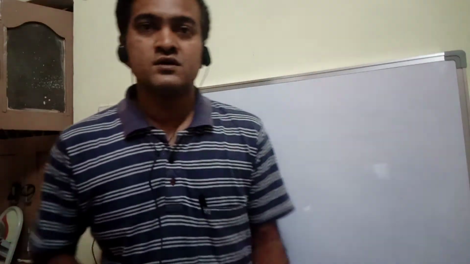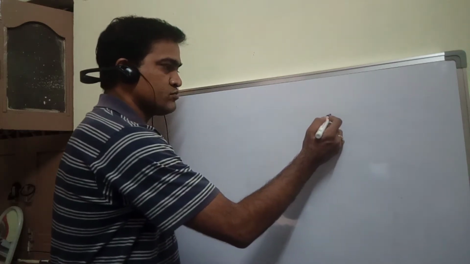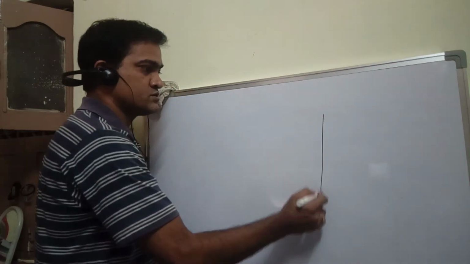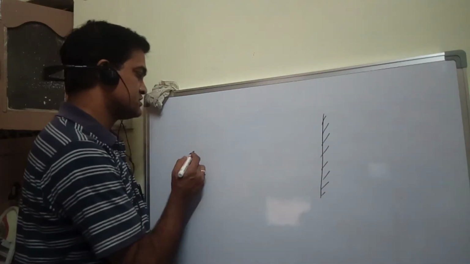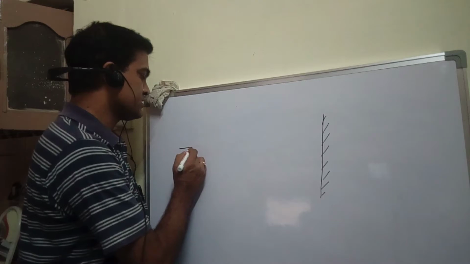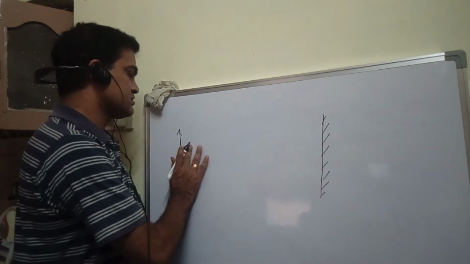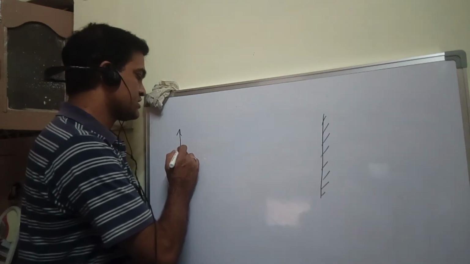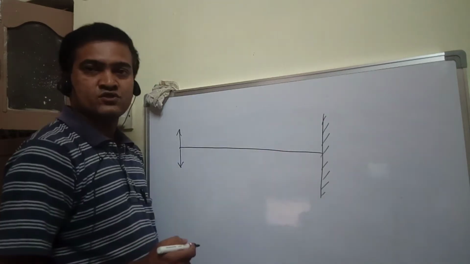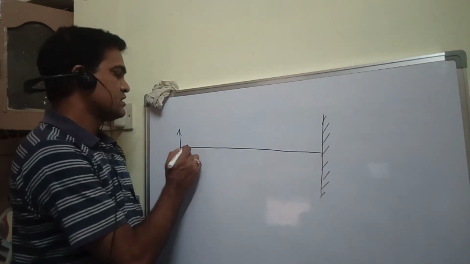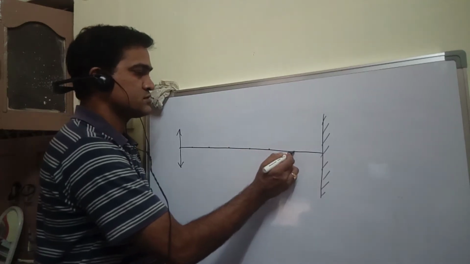Let me show you. Let me show the string connected to a rigid support in this way. If I give a jerk in this direction, the vertical direction, then initially this string is horizontal, and all the particles will be at their mean positions, right?